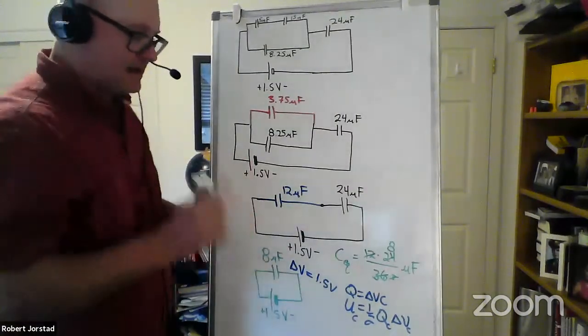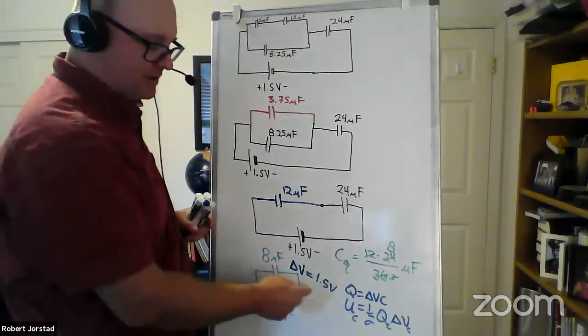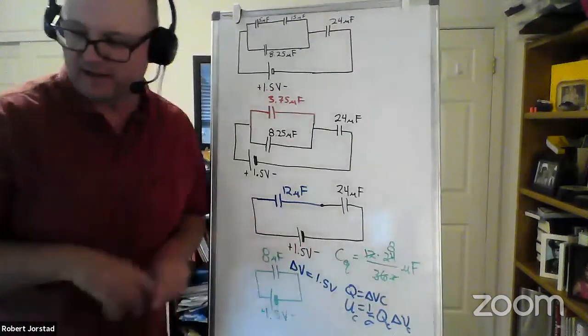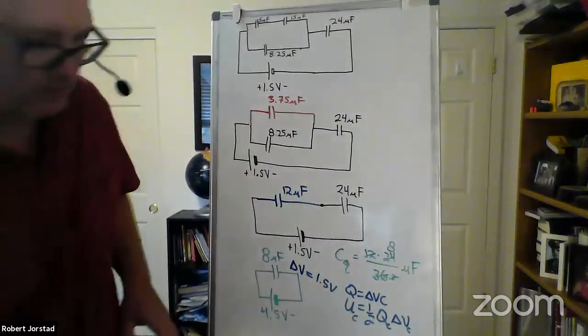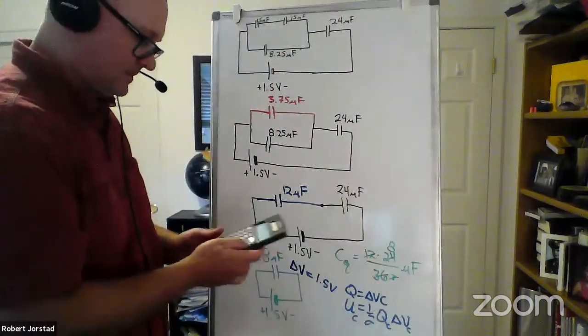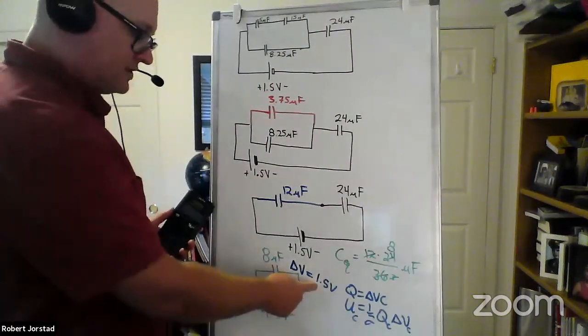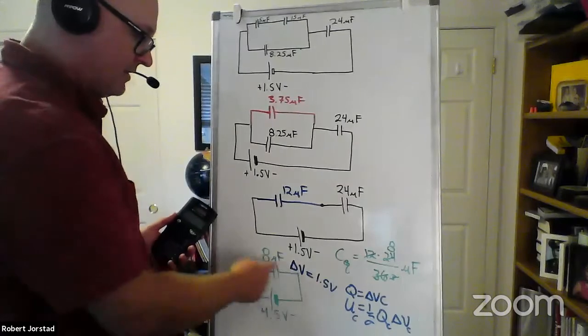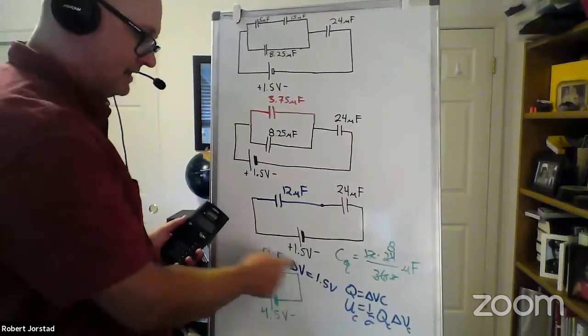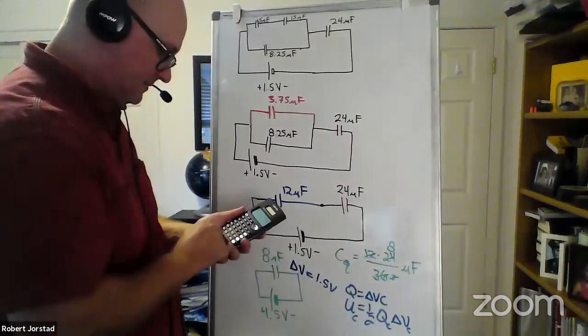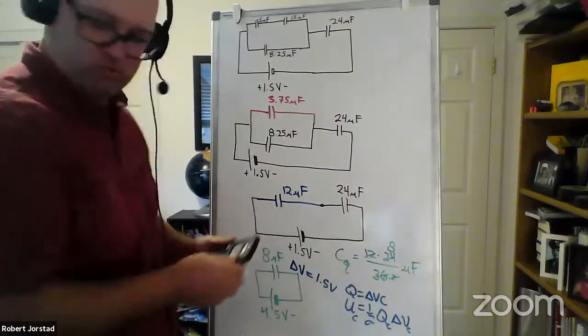Okay. Now let's say I've learned all these numbers. I'm going to punch in a calculator really quick and figure them out. And so if I know the voltage is 1.5 and I know this is 8 times 1.5, that gives me 12.